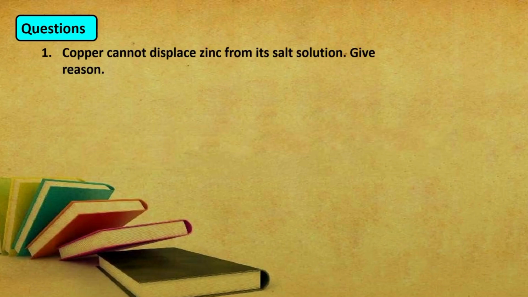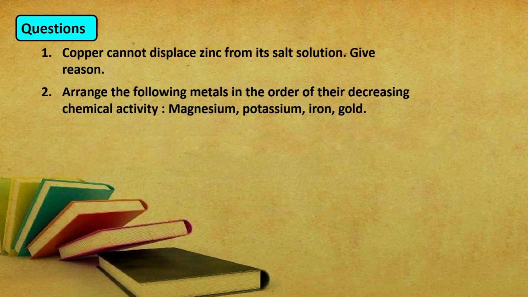Questions: copper cannot displace zinc from its salt solution. Give reason. This is question number 1. Question number 2. Arrange the following metals in the order of their decreasing chemical activity: magnesium, potassium, iron, gold.